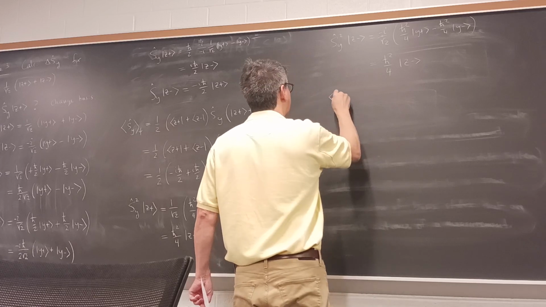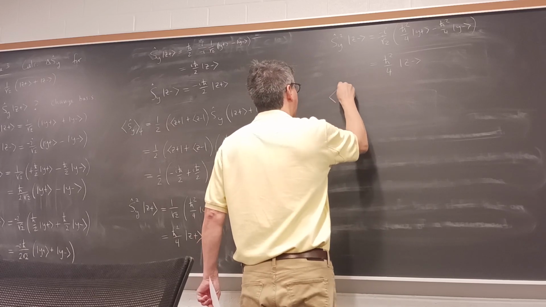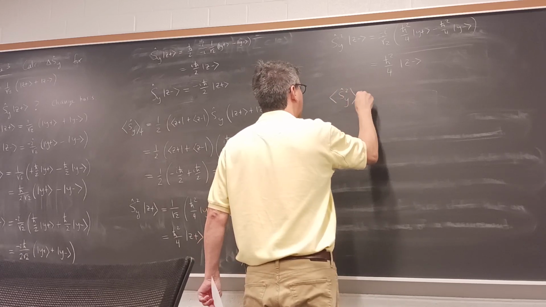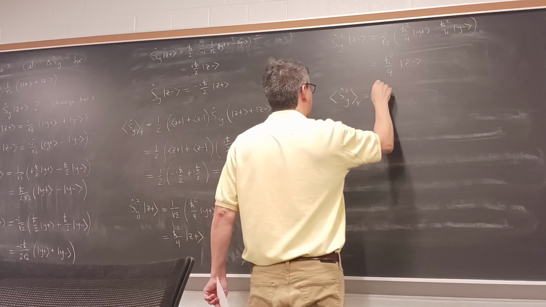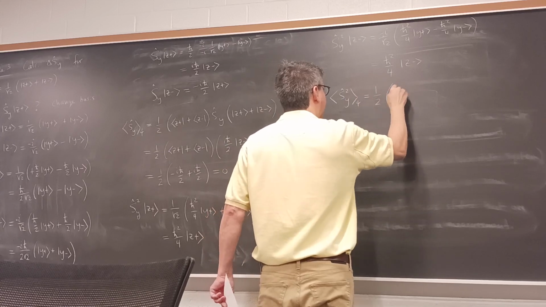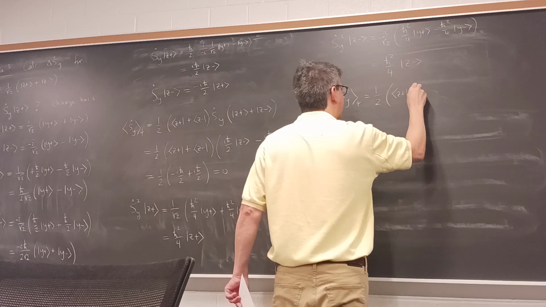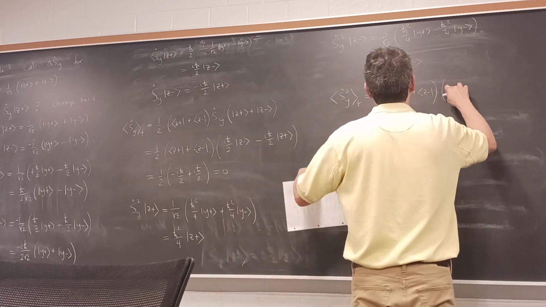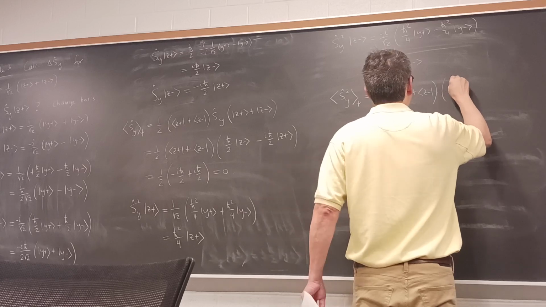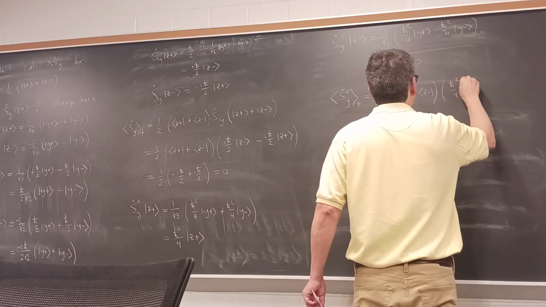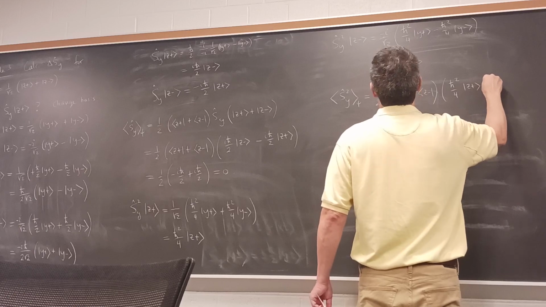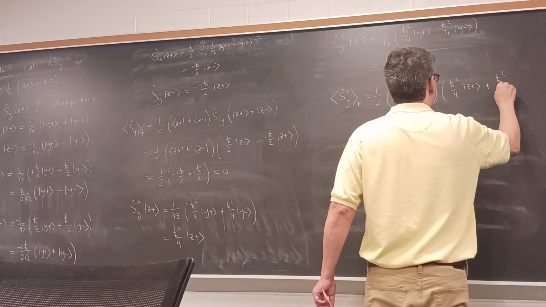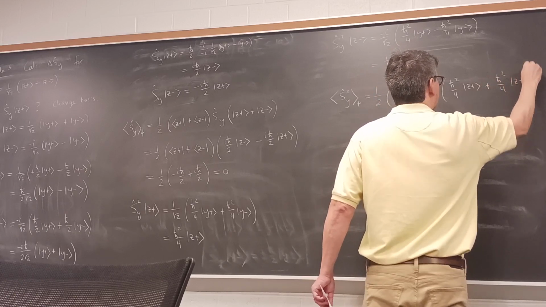So then S_y squared on psi will be 1/2, Z plus, Z minus, and then we will have h bar squared over 4 Z plus, h bar squared over 4 Z minus.